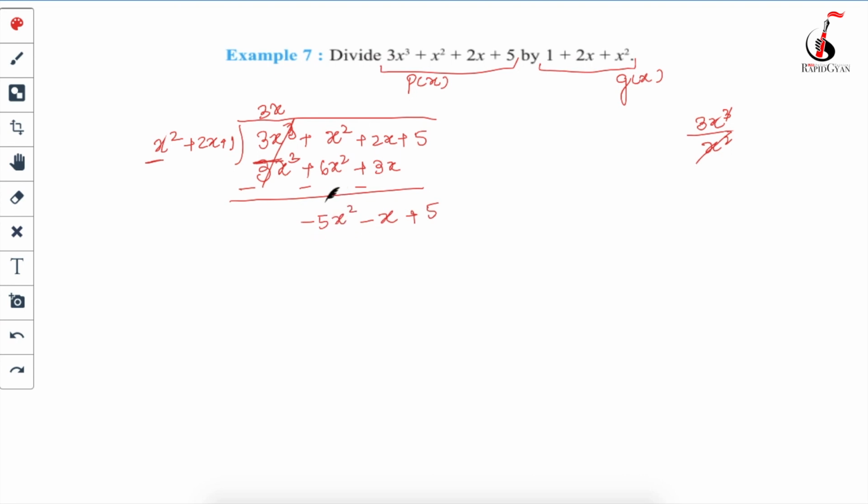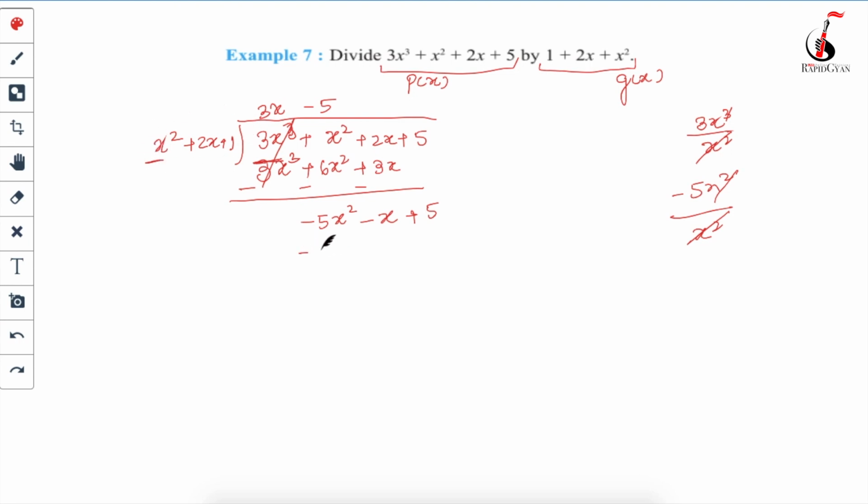Again the same thing. What is the first term? Minus 5x square. So write minus 5x square divided by x square; the x square will cancel out. What will you get? You will get minus 5. Write here minus 5. Now multiply minus 5 with the whole divisor.